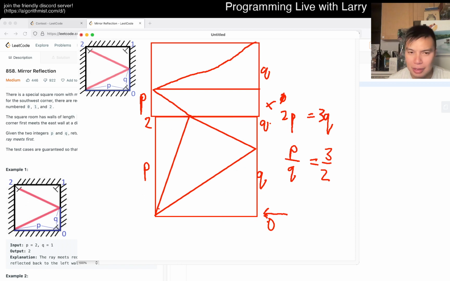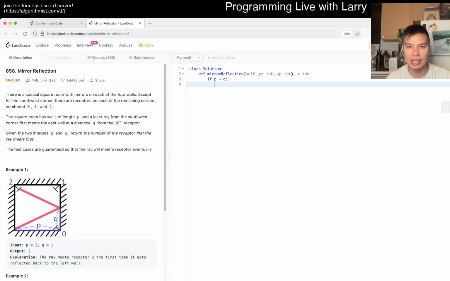A lot of misreading, but I think this is maybe right. So let's give it a spin. Let's give it a try. I think that's exhaustive in that way. So yeah, if P mod Q is equal to 0, then if P divided by Q mod 2 is equal to 1, that means we have an odd number, so then we return 1.